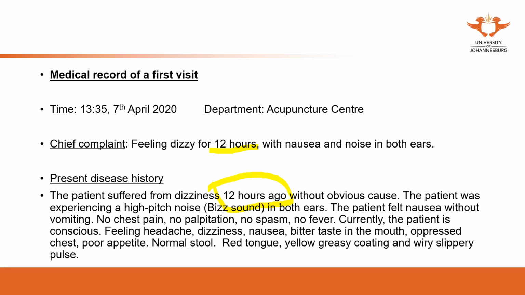So you need to match your chief complaints and present disease history. You don't write here 1 month of dizziness, and then start with 12 hours ago. You need to keep the consistency between the chief complaints and present disease history.